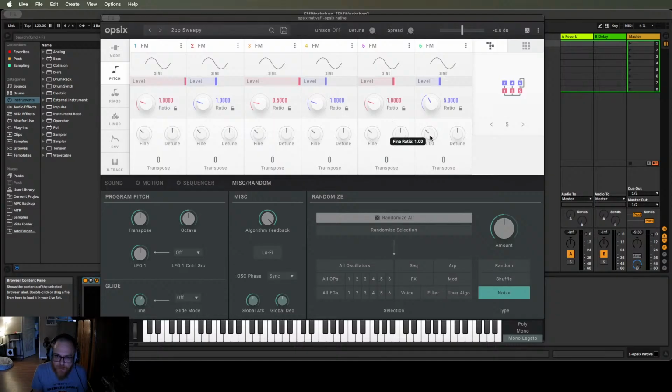It's slightly more complex, and we're going to tune in just a little bit of fine tuning here to give it a little wobble. Okay, sure, why not?